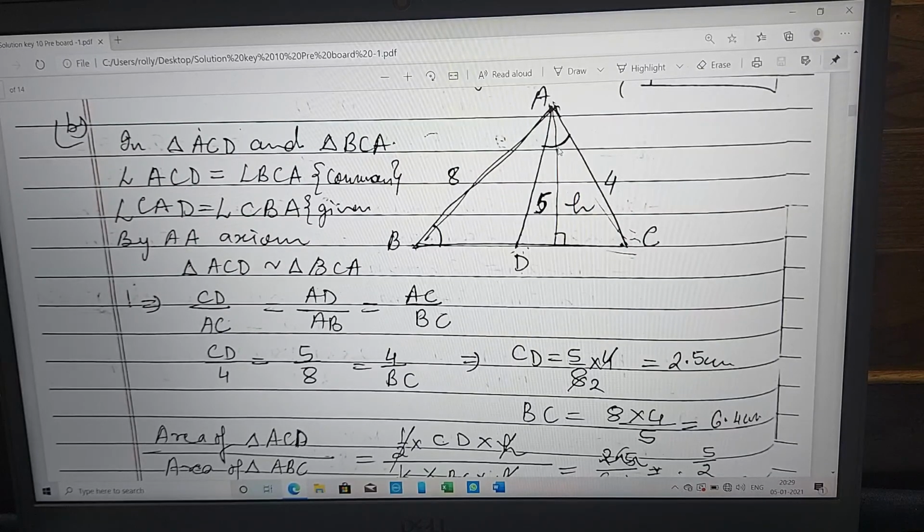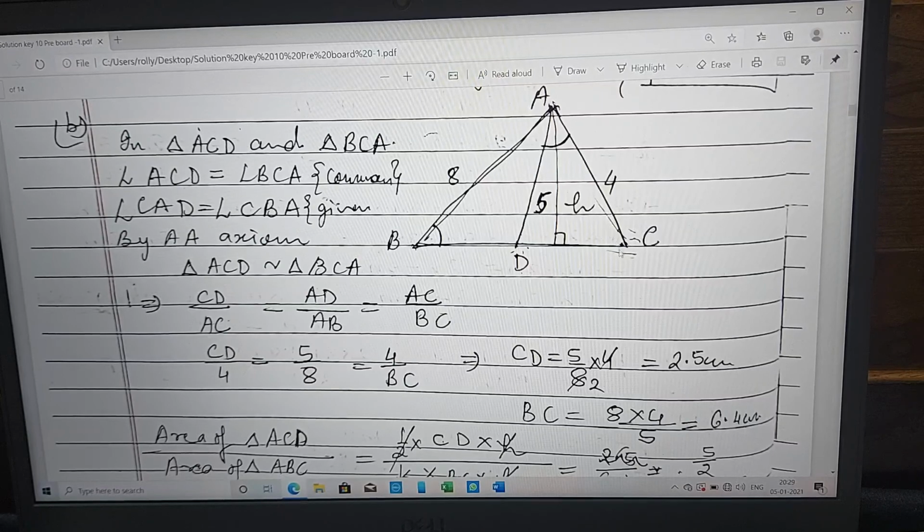So if we are taking side CD, then we have to take the side which is opposite to angle ABC, that is AC, is equal to, now we are taking AD. AD is opposite to angle C. So in triangle ACD, opposite to angle C we have side AD. Likewise, in the complete triangle ABC, opposite to angle C, the side is AB. So AD upon AB. The third sides which are remaining, you can write them.